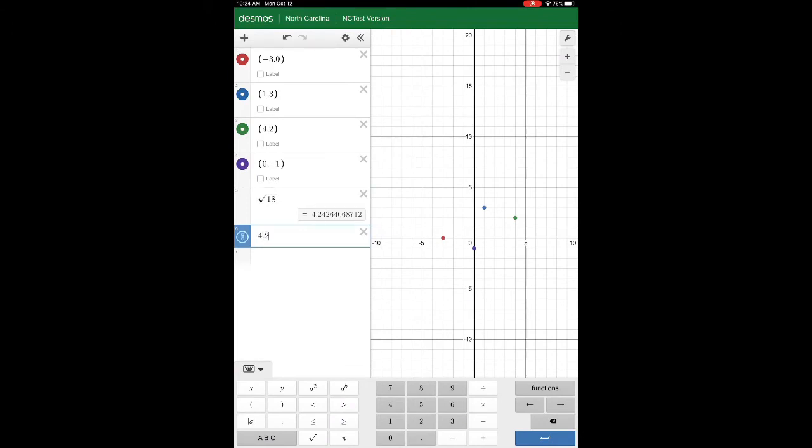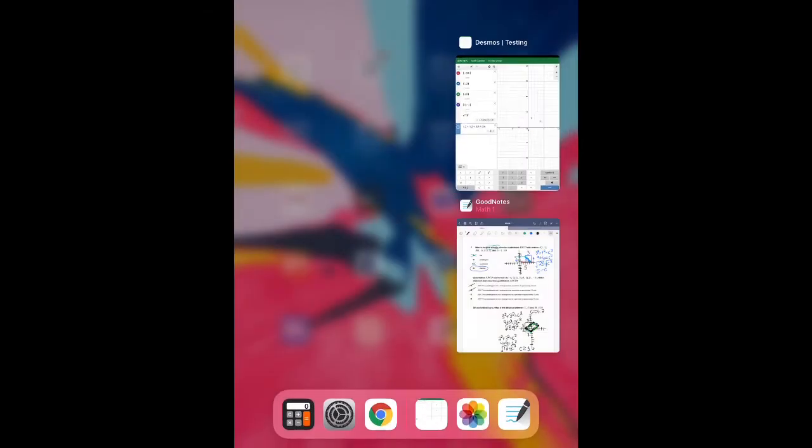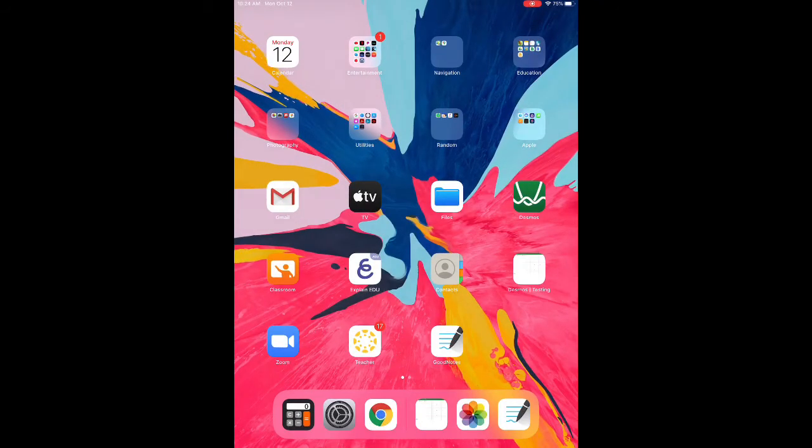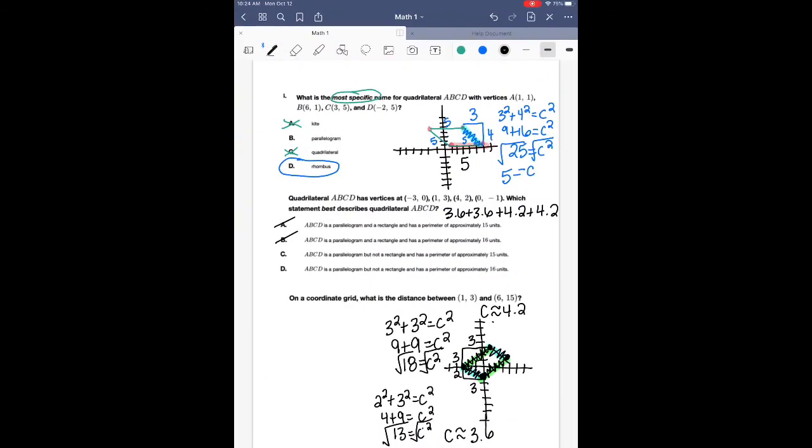So when I add that up to find my perimeter, I want to do 4.2 plus 4.2, or you can do 4.2 times 2, plus 3.6 plus 3.6, and that's going to give me 15.6. We're going to round that to the most accurate answer, and we got 15.6. So we would go ahead and choose approximately 16.